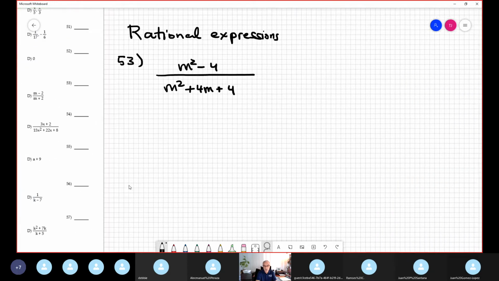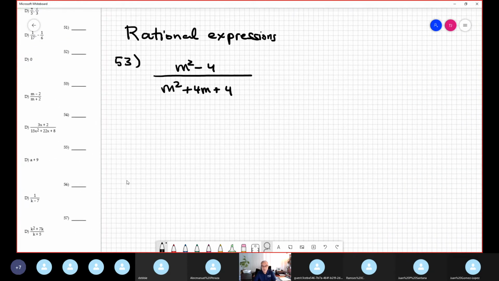What should I do? Well, you factor the top part and the bottom part separately. We focus on the top part. It's a binomial, it's the difference of squares.